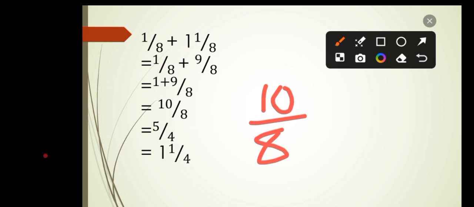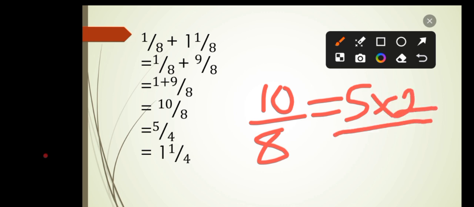We now look for the common factor between 10 and 8. Let's express 10 like this.